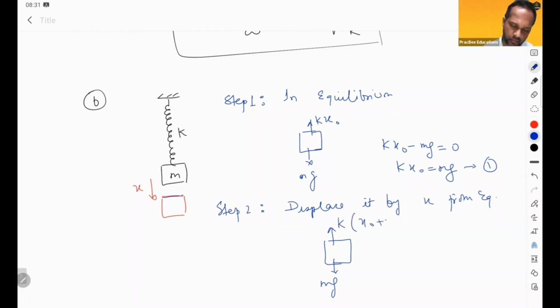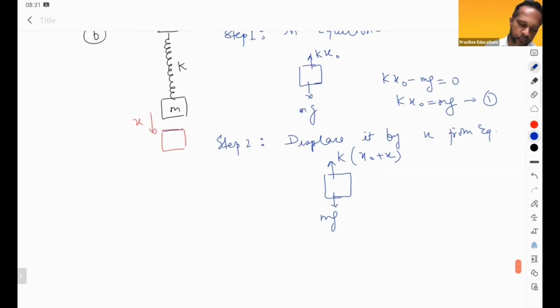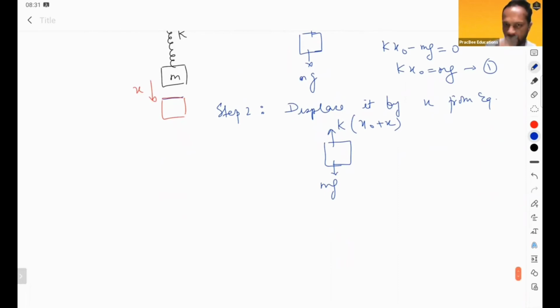It was already x naught, so it will become x naught plus x. The force in a spring depends on the total extension, from the natural position. So this is the diagram. X is in the downward direction.